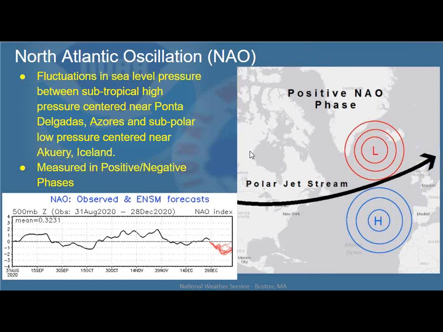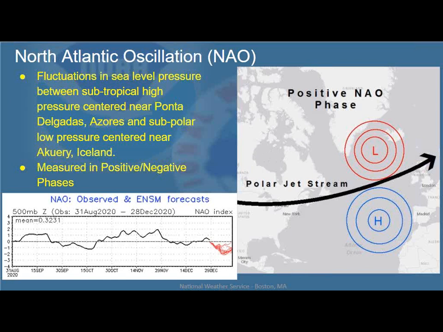is negative or positive. And some of you who may love winter weather, you would like the NAO to be negative. And in this case, this is what the graph is showing. You can see it going negative. And I believe this is actually a month ago.